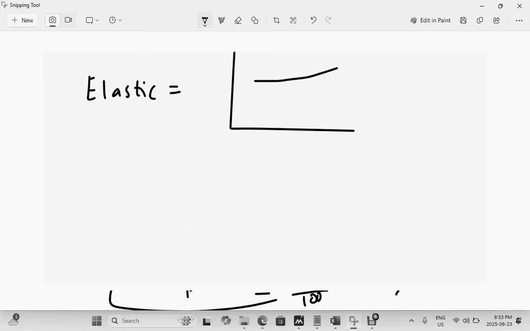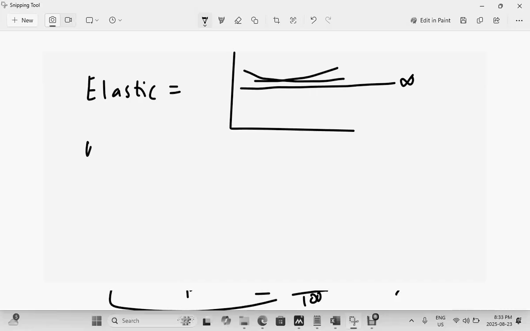It will be closer to infinity. This curve will be something like this in terms of supply, and in terms of demand, it will be something like this, close to a horizontal line.